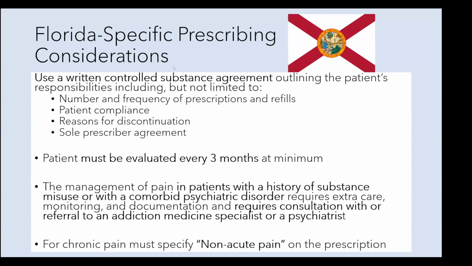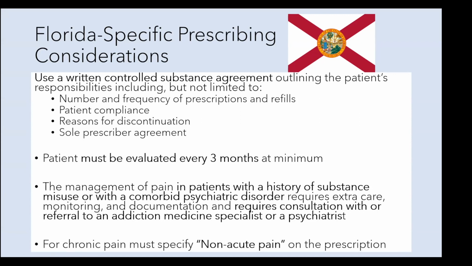And then they require the use of a written controlled substance agreement outlining the patient's responsibilities, and they've listed these bullet points here. And the patient, again, must be evaluated every 3 months at minimum. That's consistent with that CDC guideline.